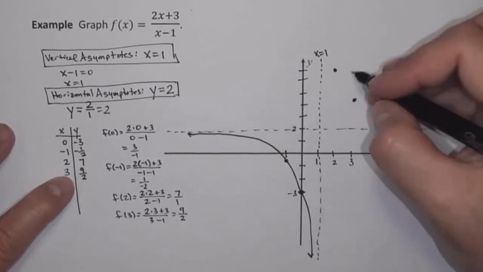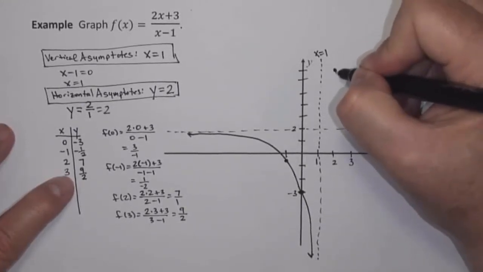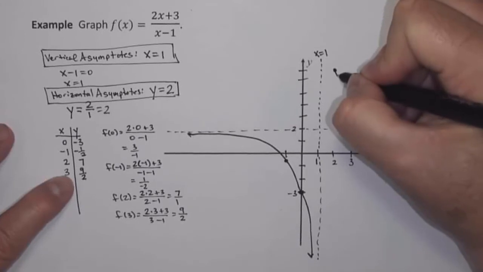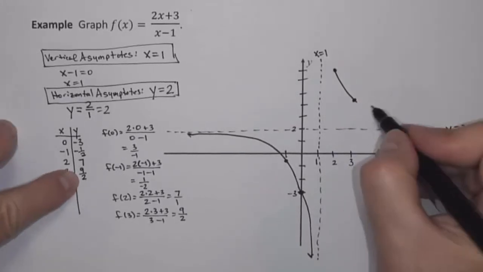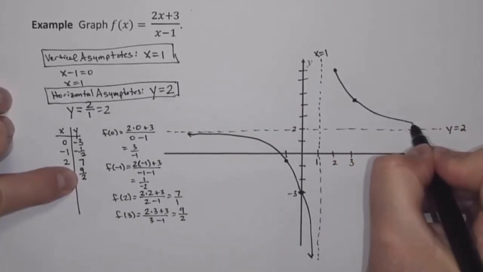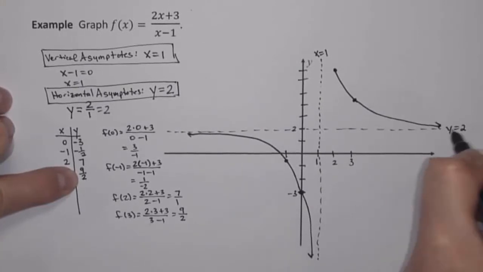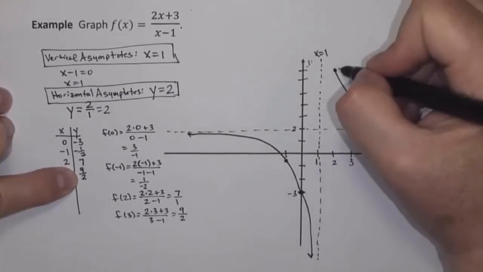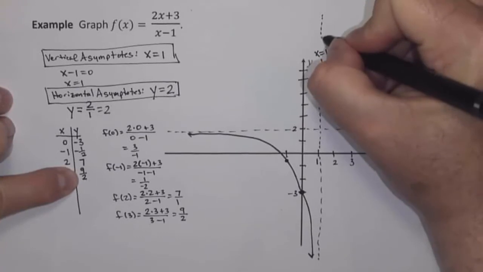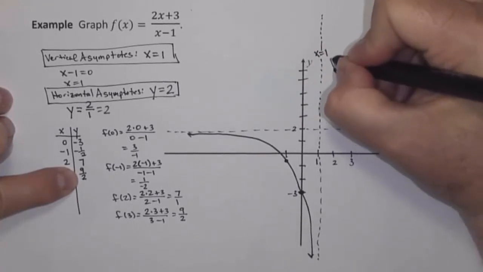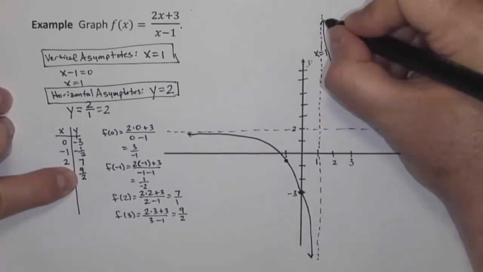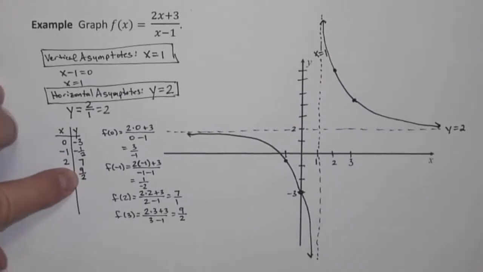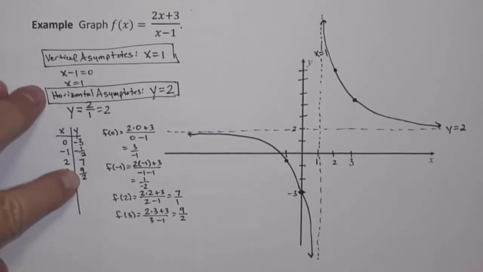So this graph is going through these 2 points, and then it's going to curve and get asymptotic to this line y equals 2. And as I go to the left, let me extend my vertical asymptote, it's going to curve and get asymptotic to that line x equals 1.